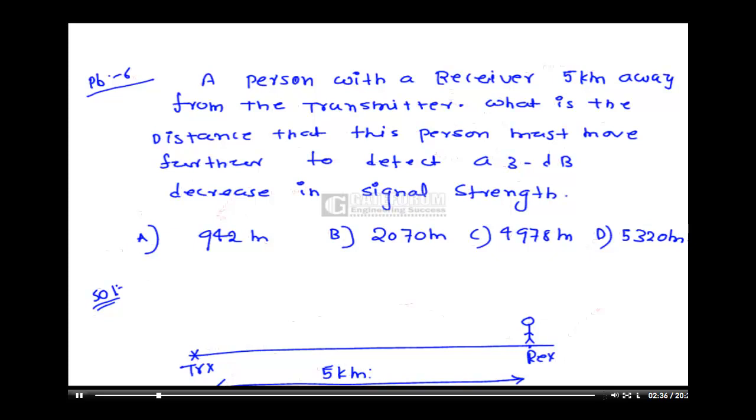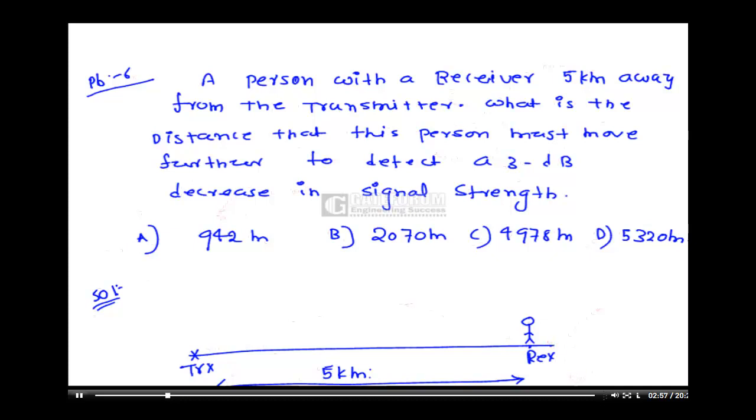What is the distance this person must move further to detect a 3 dB decrease in signal strength?